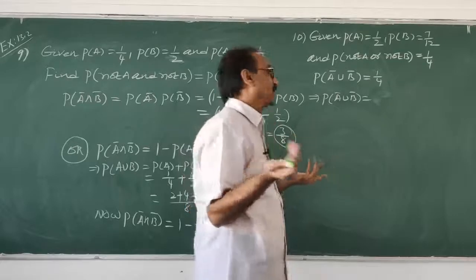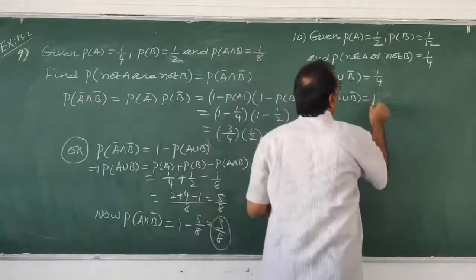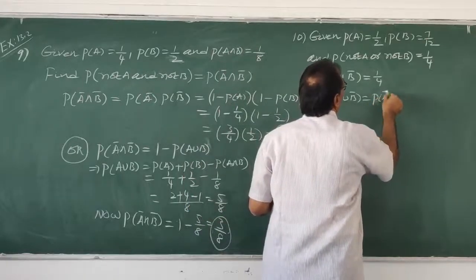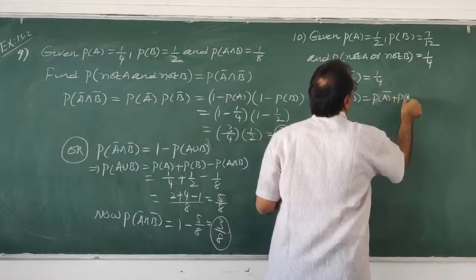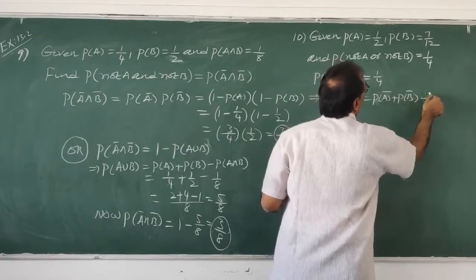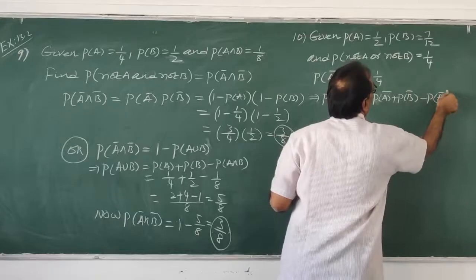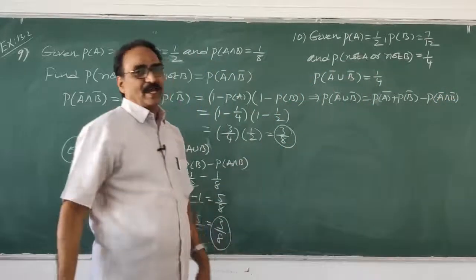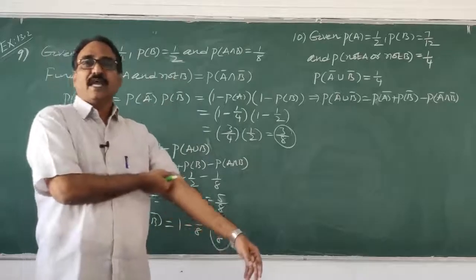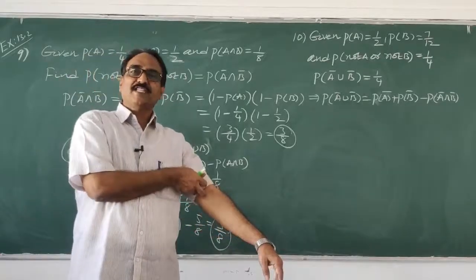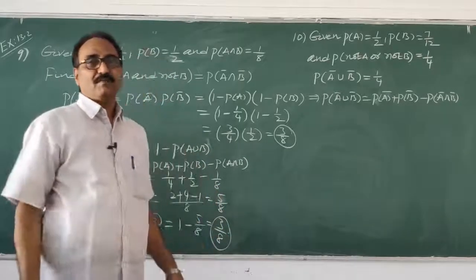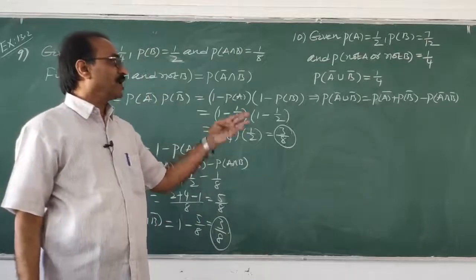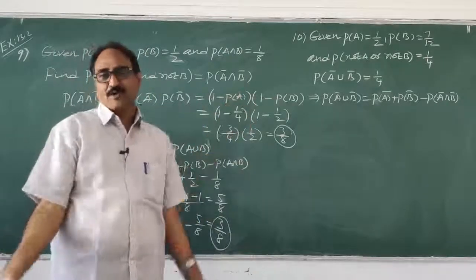You write that only: P of A bar plus P of B bar minus P of A bar intersection B bar. Correct or not, my dear students? If you treat A bar as A and B bar as B, then P of A union B is P of A plus P of B minus P of A intersection B.